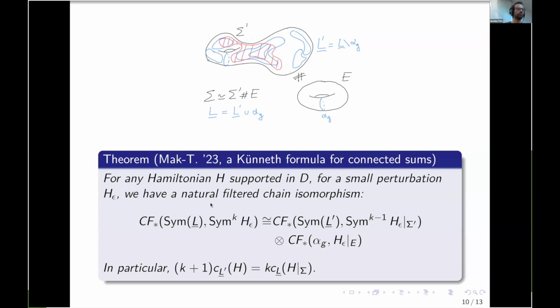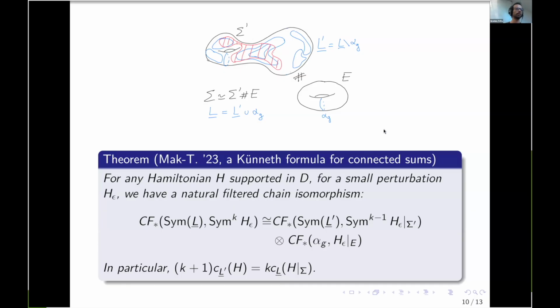Then we have a natural filtered chain isomorphism between the Floer complex for Sym L inside the connected sum, Sigma, and the tensor product of the Floer complex for Sym L prime, which lives in Sigma prime, and the Floer complex for alpha_g inside the torus T. And when I say that it is natural, it means that it commutes with continuation maps supported in the disk D. And in particular, from this filtered chain isomorphism, we get the equality of the spectral invariants up to renormalization.